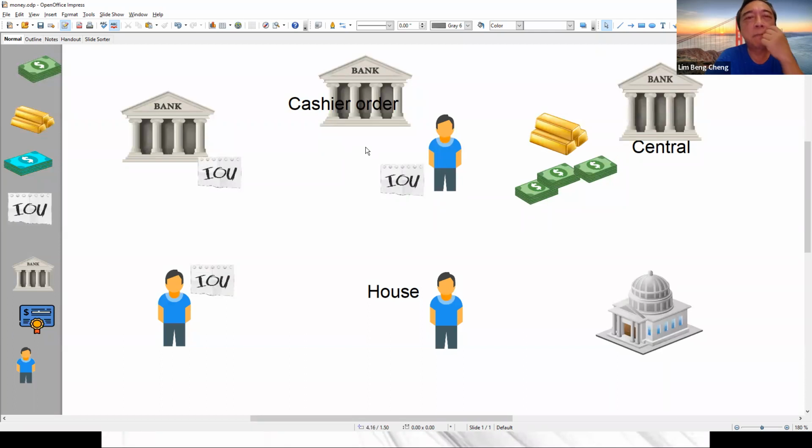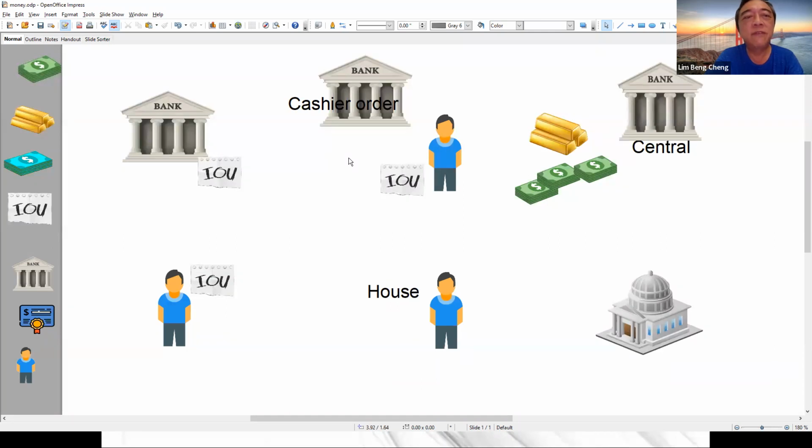So money is actually credit. The more credit the bank gives out, the more profit they make. This is also something very counterintuitive.